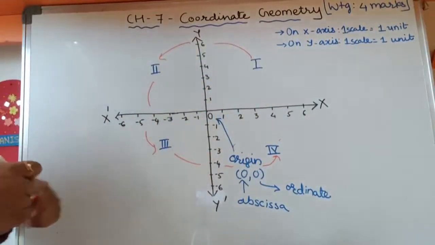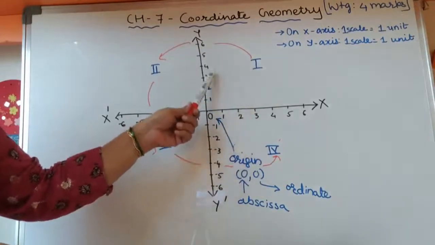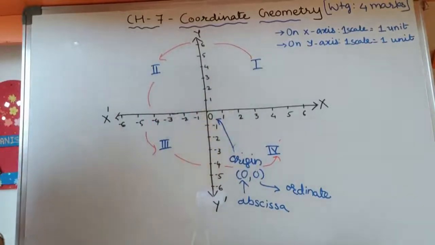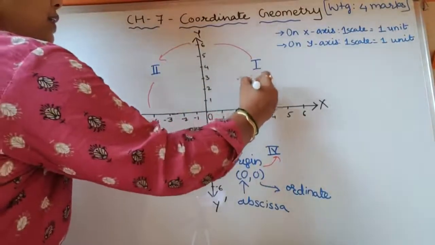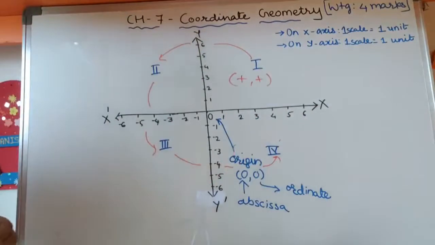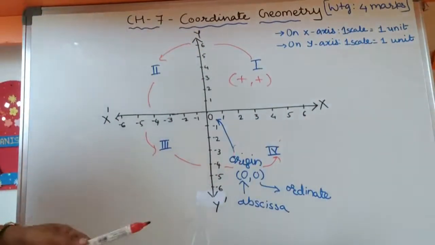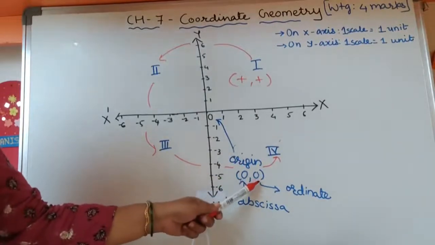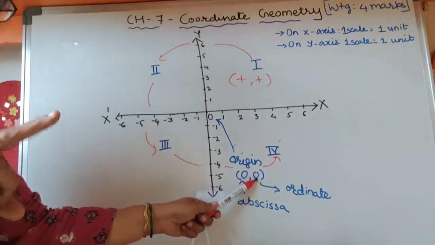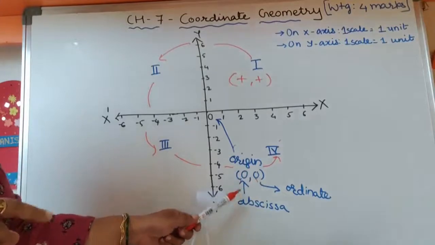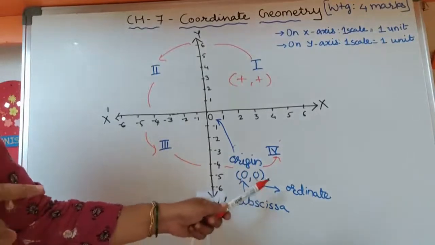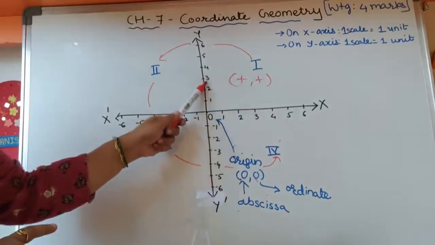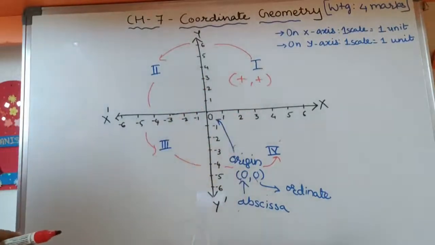As you see, in the first quadrant both the numbers are positive, so here there is a positive sign. In any point, first is the x coordinate and then the y coordinate. In any point, first must be the abscissa and second the ordinate. So here the x coordinate is positive, and the y coordinate is also positive.